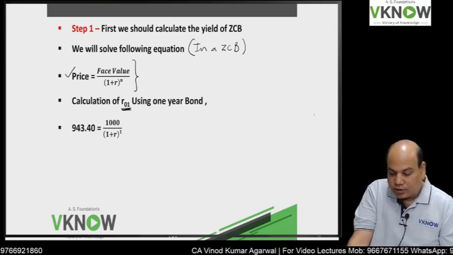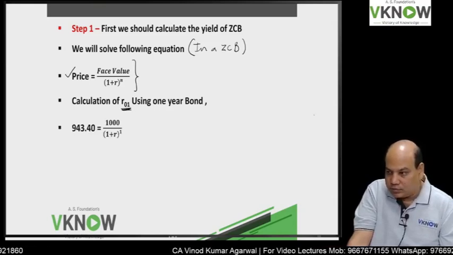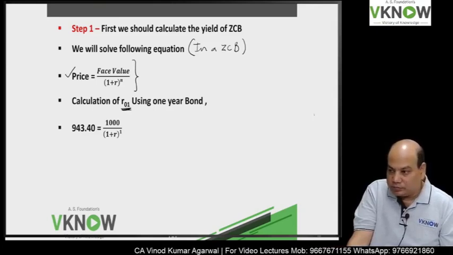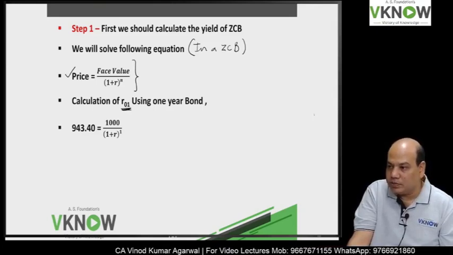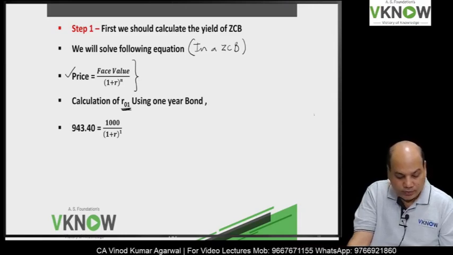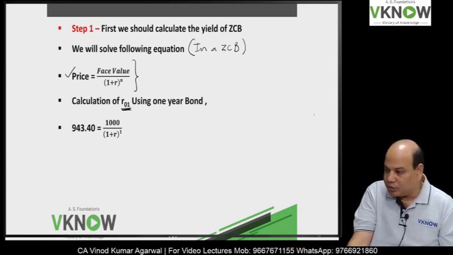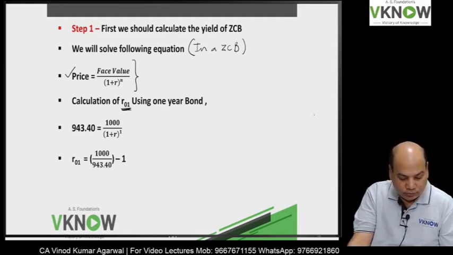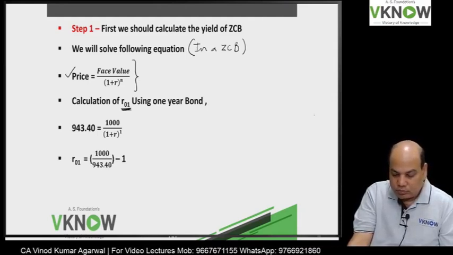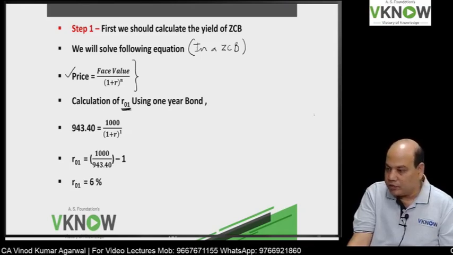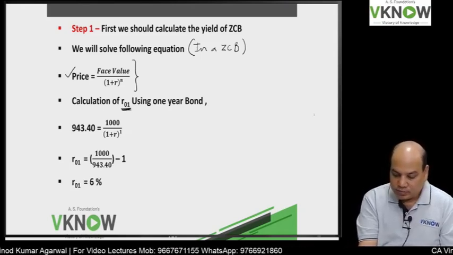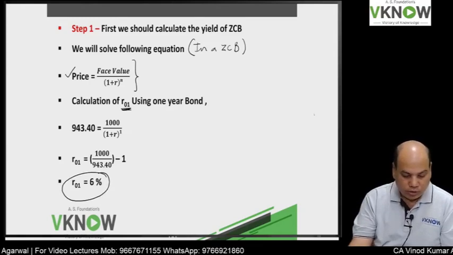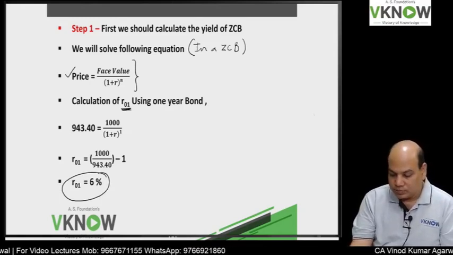So you will take 943.40 is equal to 1000 divided by (1 plus R) to the power 1. Everybody please solve it. You are getting 6%. Any way you present, your answer should be 6%.